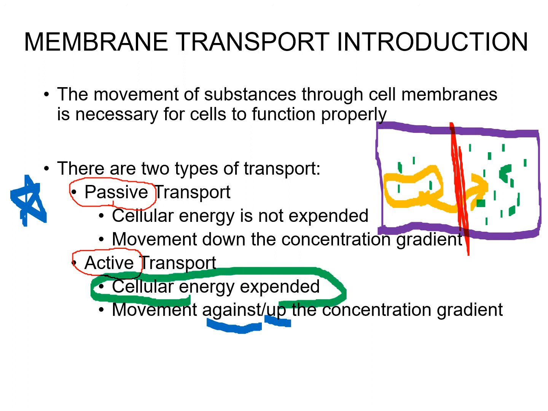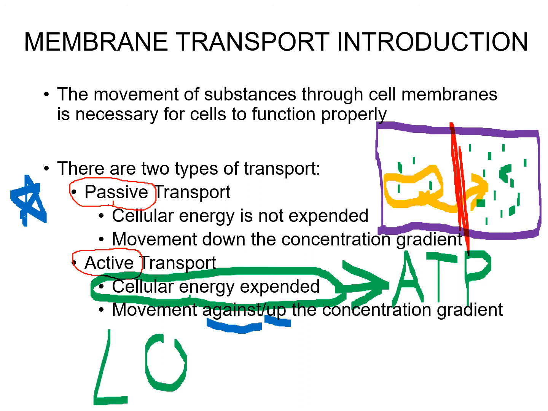molecule that we use, you should already know the name of it. Remember our currency, the US dollar for every single thing that we do, is called adenosine triphosphate, ATP. So in order to go against the grain, in order to go from low to high in this case, we have to use ATP to accomplish that. And that is the definition of active transport.